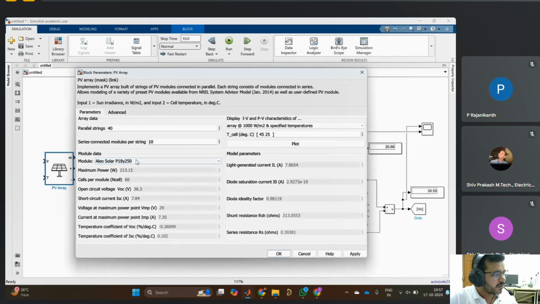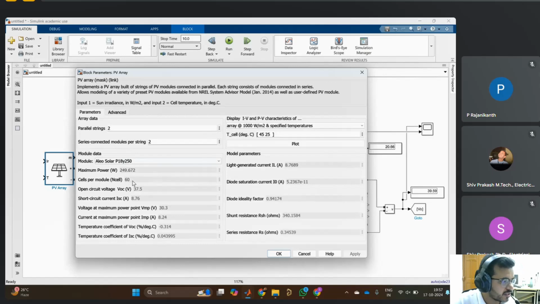Take a 250 watt, 2 parallel and 2 series. There are 2 parallel panels and 2 series. A single panel is known as 250 watt.